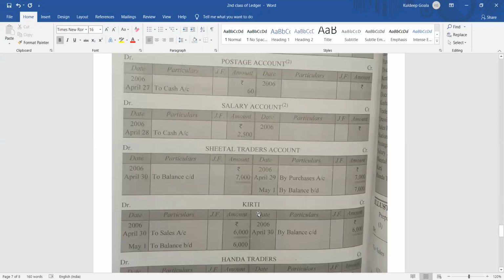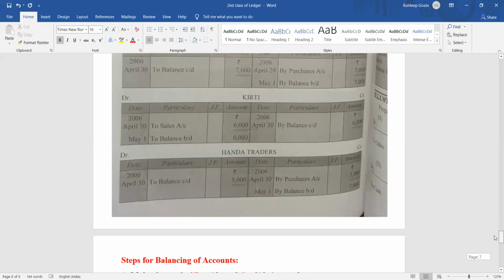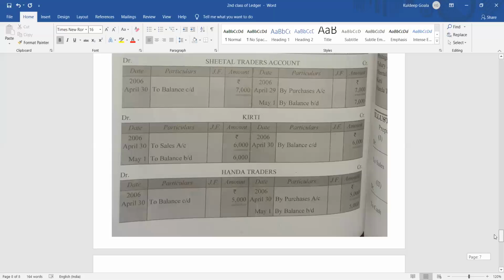Then Kriti. Kriti, how much is in the debit side, right? 6,000. So write down Kriti in the bracket, debit, rupees 6,000. Then next item comes. What is the next item? Honda Traders.